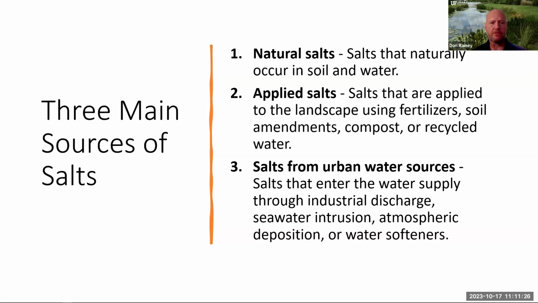And third is the salts from our urban water sources, and those could be salts entering from our water supply through reclaimed water if we're using that on our landscapes. Could be through maybe a saline well, slightly saline, or wet, dry atmospheric deposition could bring in some salts.